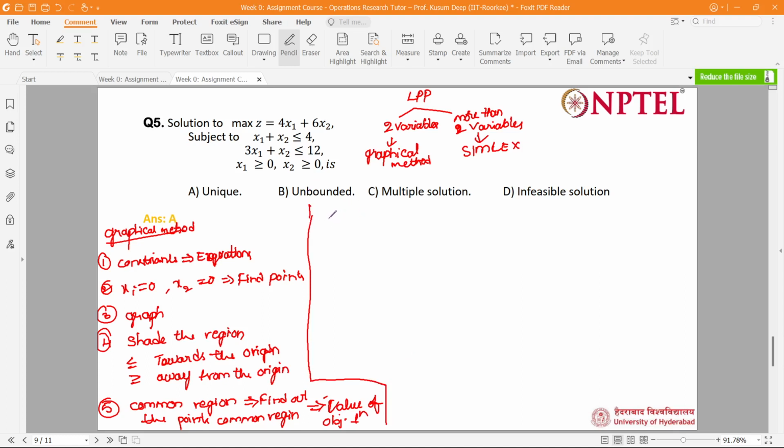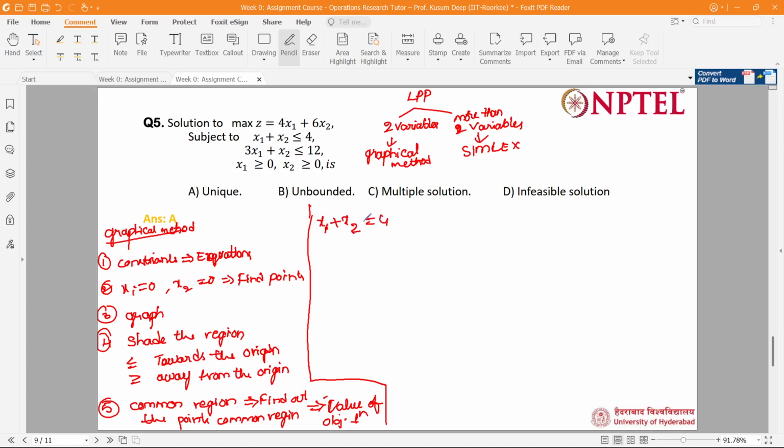Here they have given the objective function, maximization type. So first thing is to change the given constraints into equations. Here the given constraint is x1 plus x2 less than or equal to 4.